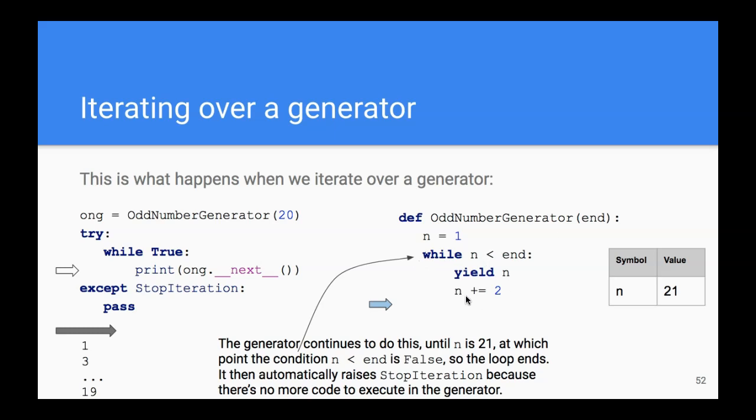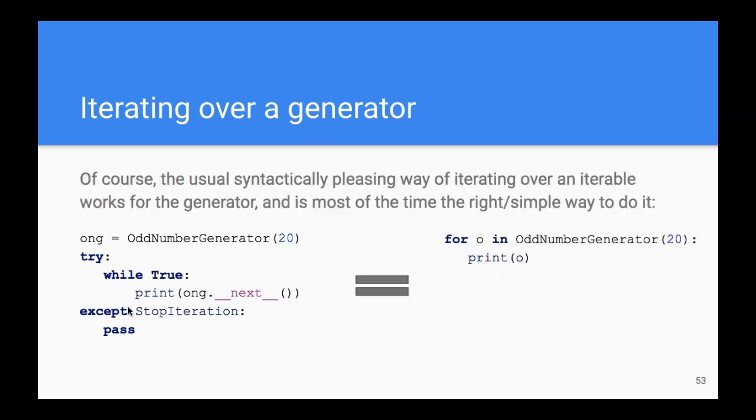There's no more work in the generator. So when that happens, the generator automatically raises StopIteration. And that's how it gets out of the loop in the caller and the odd number sequence ends at 19. Okay, I hope that makes sense.